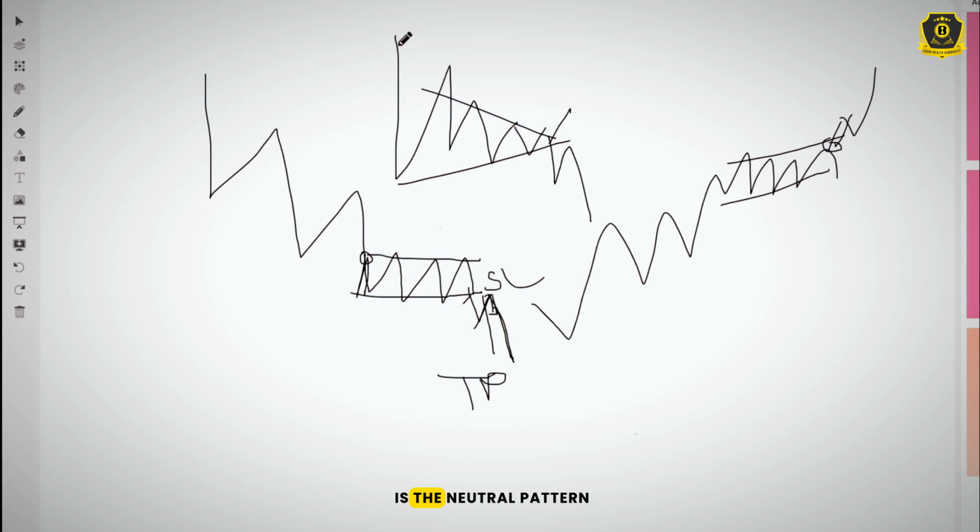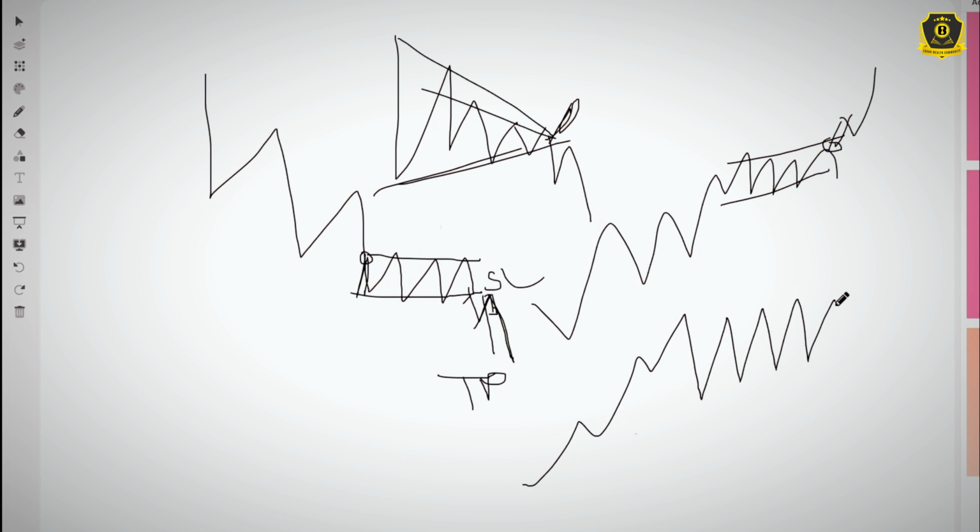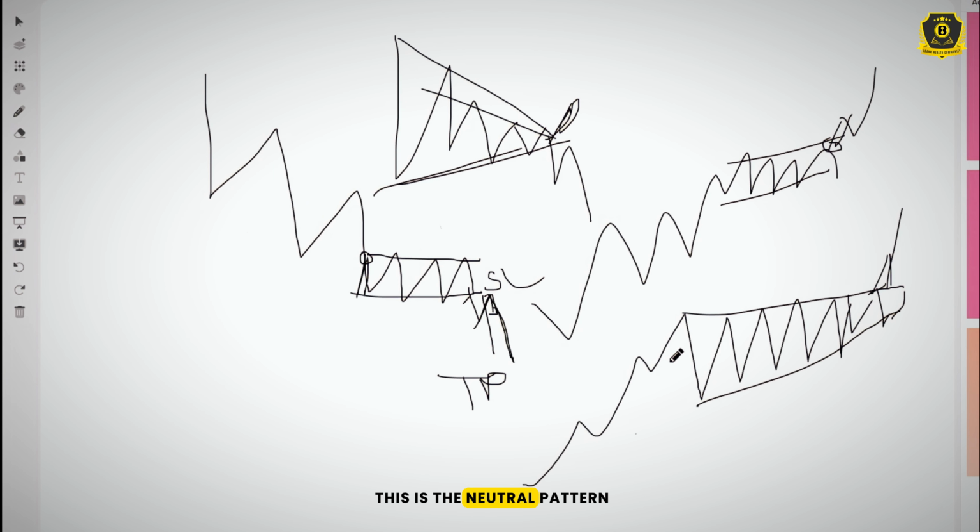So this is the neutral pattern. And for the ascending triangle, the market is going up, then moving like this, like this, like this. Once it breaks out and retests, take the entry.